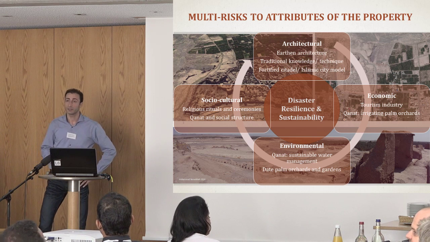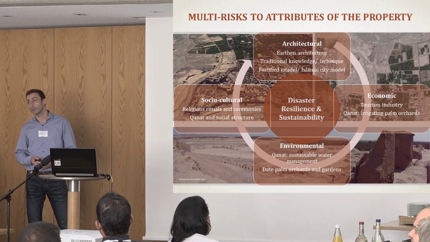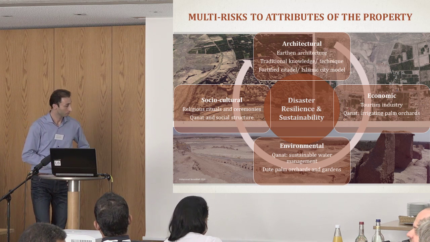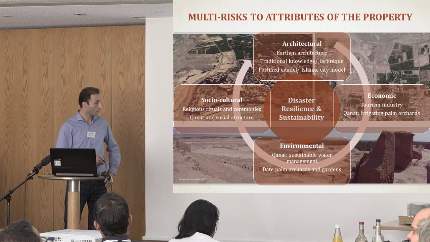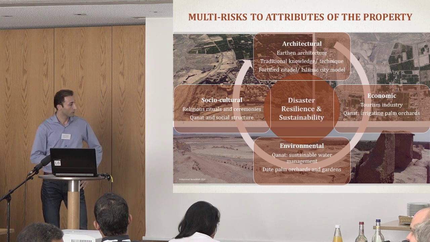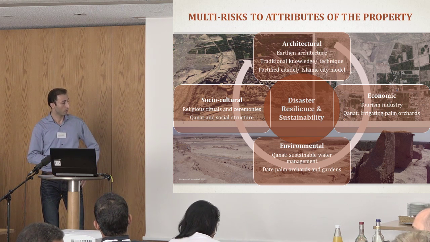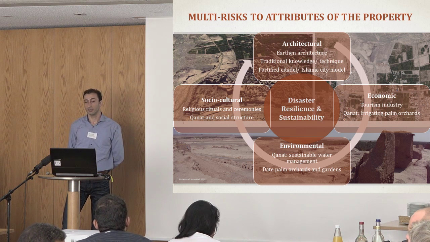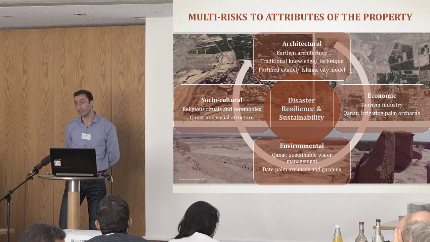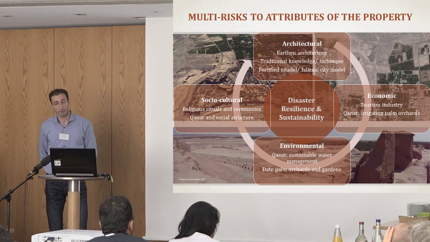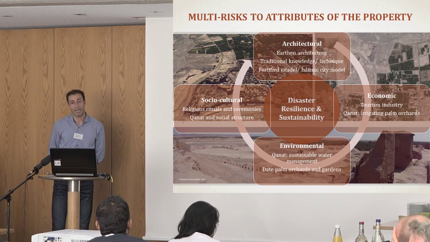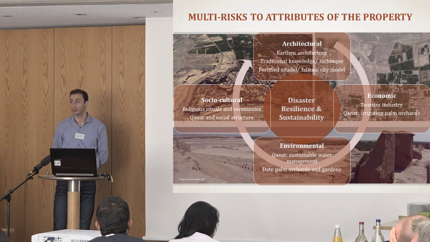Also, the canal is a sustainable water management in the desert environment. And in terms of the environmental issues, we had different problems in terms of preserving these palm orchards and gardens in the city of Bam, because a lot of new construction had impacts on these gardens.